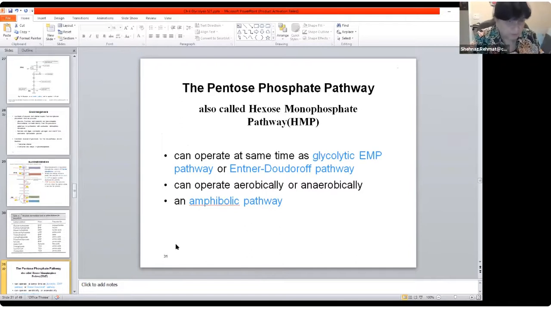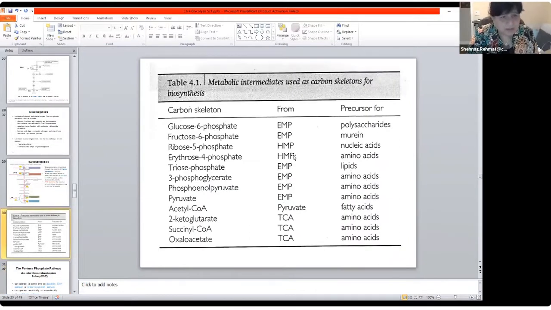Now, this is a very important pathway which runs parallel to, or at the same time as, EMP, because there are some intermediates that are not provided by your EMP. If you look at the previous slide again, you can see these two, ribose 5-phosphate and erythrose 4-phosphate. This is a 5-carbon compound and this is a 4-carbon compound.